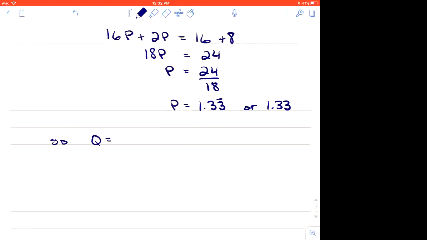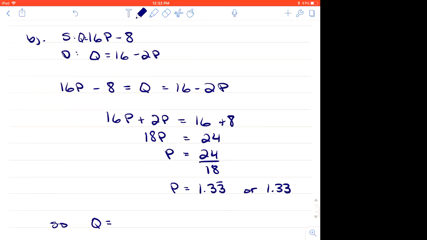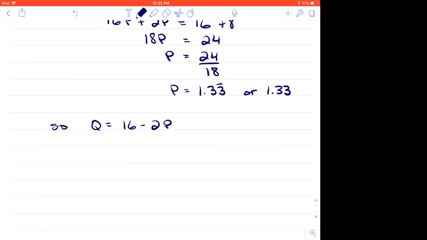So Q, again, we have 2 equations we can choose from. I'll use the second one, it doesn't matter. 16 minus 2p. Q is 16 minus 2 times 1.33. 2 times 1.33, 16 minus that, 13.34.